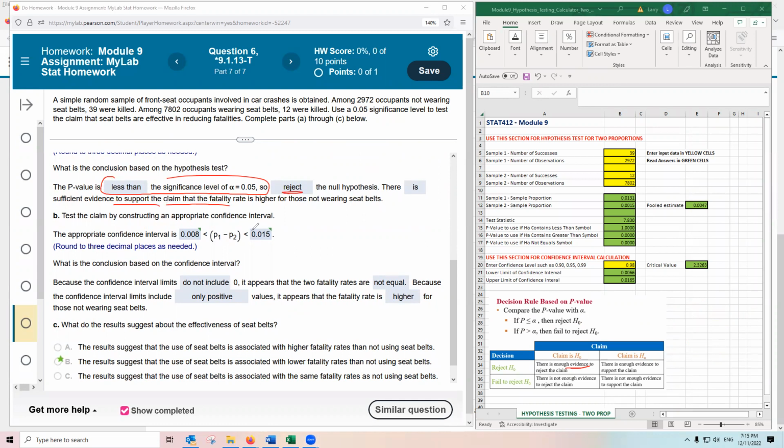All right, let's do a confidence interval. Now, I got to be careful on this one because they're not giving me a confidence level here, right? It says construct a confidence interval, but they're not giving me a confidence level. So I'm going to have to figure that out ourselves. Well, we know 0.05 is the significance level. Well, this test was a one-tailed test, right? It was a greater than sign.